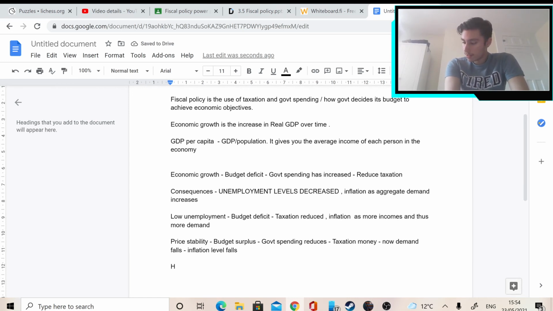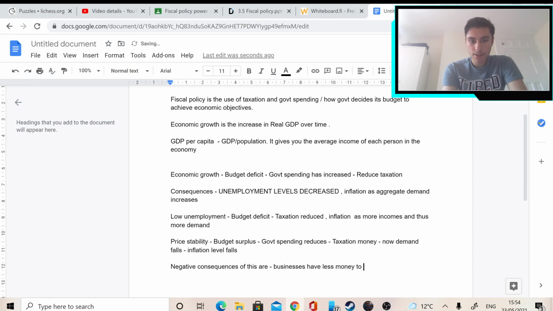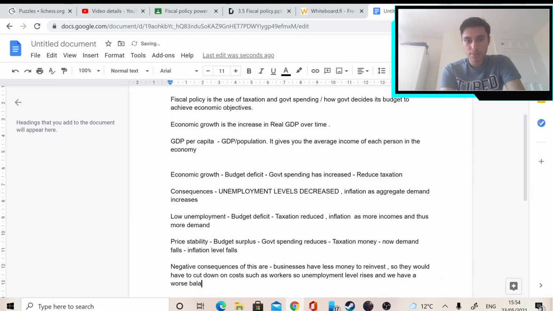But the negative consequences of this are businesses have less money to reinvest, so they would cut down on costs such as workers, so unemployment level rises and we have a worse balance of payments.